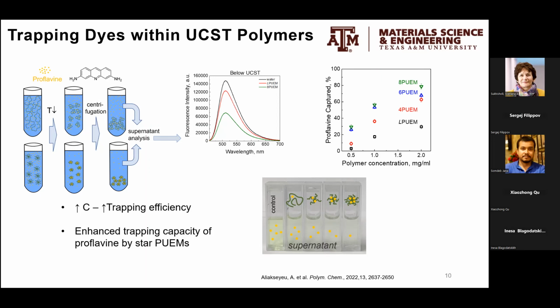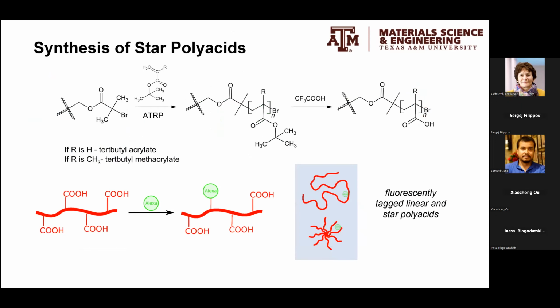So we added the proflavine to the polymers, followed by precipitation and measurement of the remaining dye in the supernatant. Basically the conclusion is that, of course, a higher density of polymer segments does matter, and you're going to have a high load of this dye within the core. So the architecture does matter.